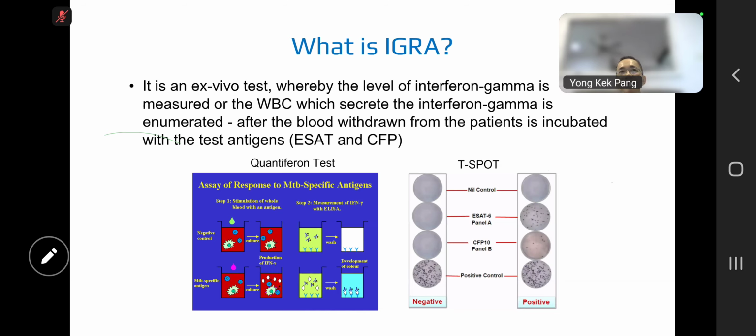So what is IGRA? It is an ex vivo test. So what is ex vivo? What's the meaning of ex vivo test? This is where the testing is done outside the body, right?